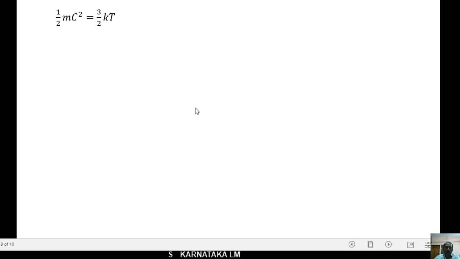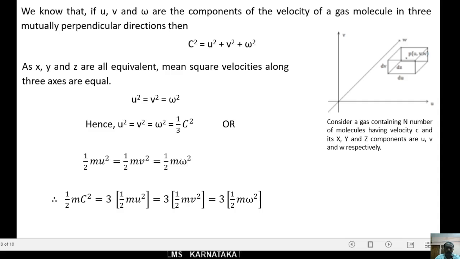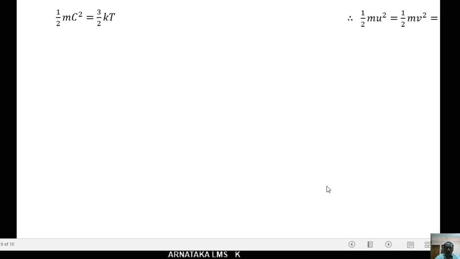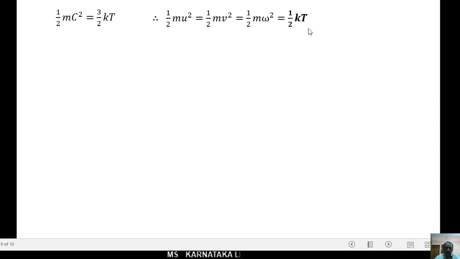We know that 1/2 mc square is equal to 3/2 kT. Therefore, from the above equation in the previous slide, 1/2 mu square is equal to 1/2 mv square, which is equal to 1/2 mw square, which is equal to 1/2 kT, because in the previous equation this is 3 into the same value. Hence we can equate this and we get 1/2 kT.